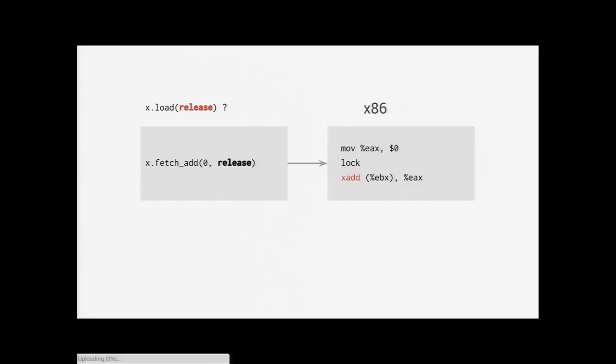So one trick suggested by Boehm in a paper is to use a fetch and add of 0. And this works because it is kind of a store, so you can make it release, and it returns the older value, so it behaves exactly as a load. The issue is that it produces instructions that modify the cache line, and so the processor will take an exclusive access to the cache line, creating all kinds of contention issues.